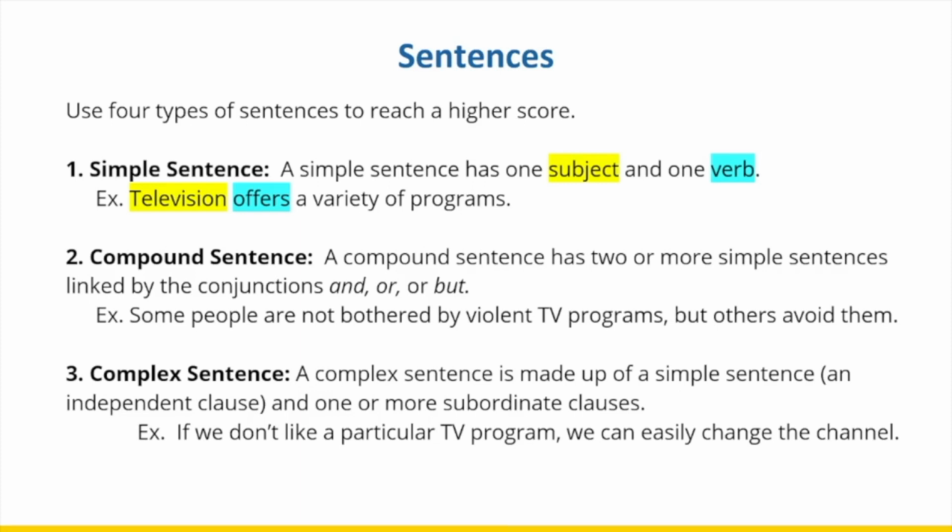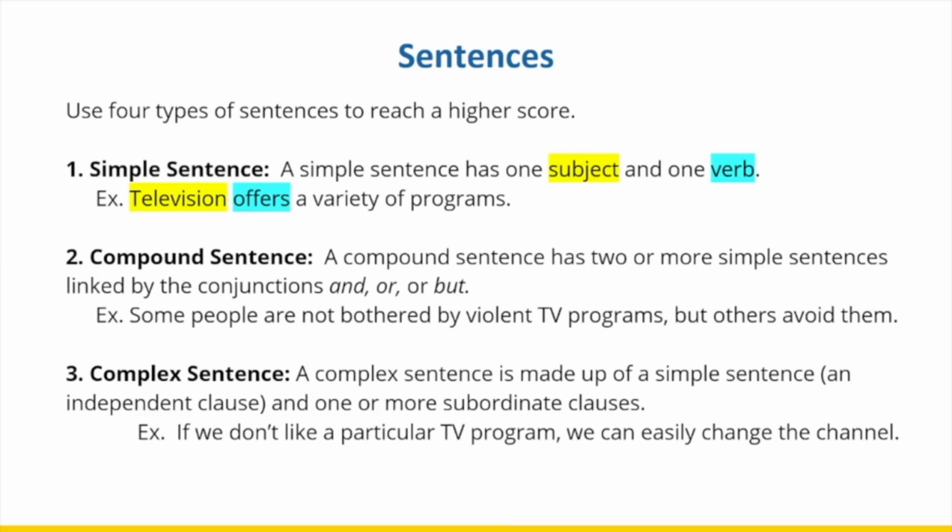Here you see we have 2 simple sentences. The first one, some people are not bothered by violent TV programs. It's our first simple sentence. And then we have the second one, others avoid them. You cannot combine them without any conjunction, so make sure that you have one of the conjunctions from FANBOYS. Here we have but, and also pay attention to how we use a comma before our conjunction.